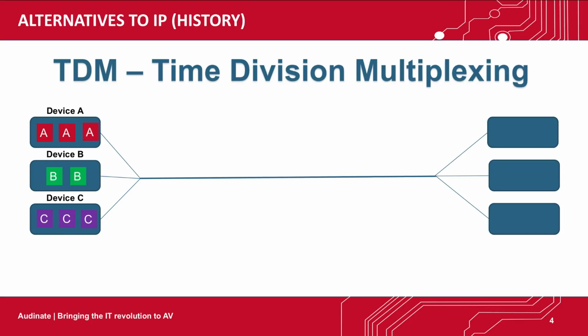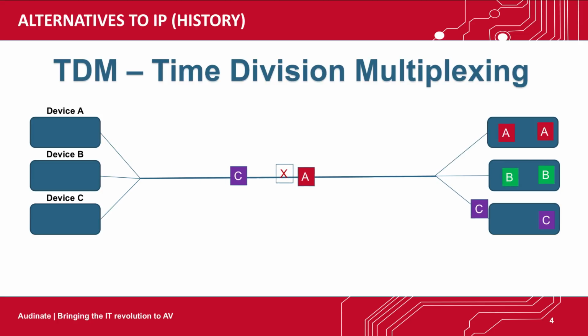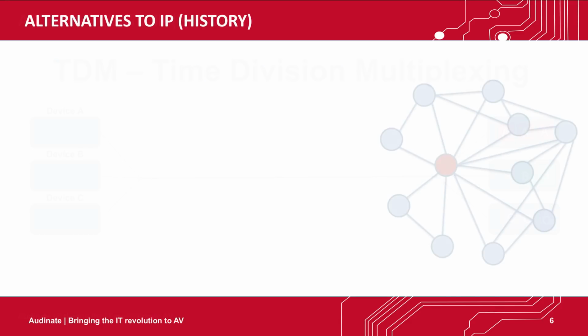What it works on is the idea that communication between devices runs on a master clock, and then you subdivide that master clock into slots. Then you put the data into each slot. And as long as the sending end puts the data into the slots that the receiving end could understand, you could pull it back out again. Conceptually, it's quite easy. It's like switching circuits in an old-fashioned telephone exchange.